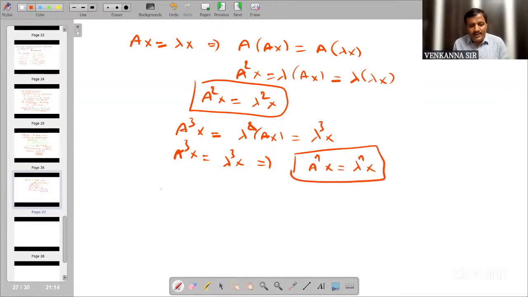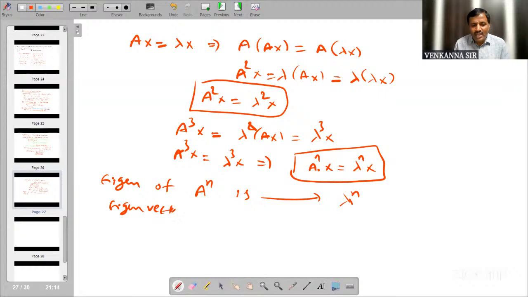See here, the eigenvalue of A power n is lambda power n. Remember this formula. But the eigenvector of A power n is what again? X only. This is a very, very important property.